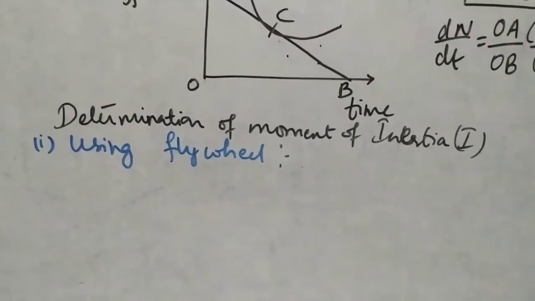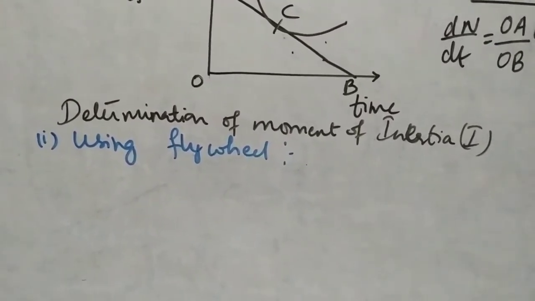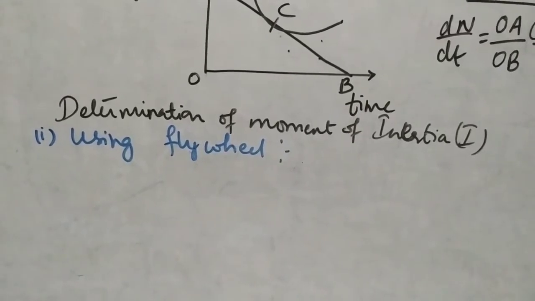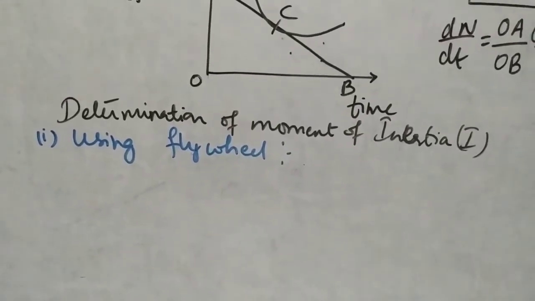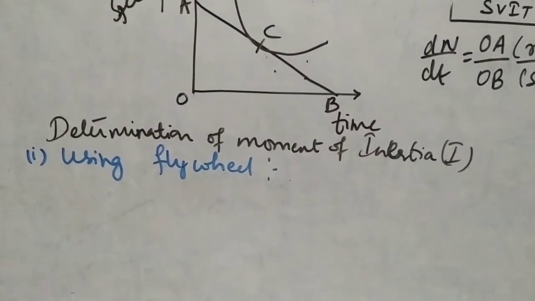The armature supply is cut off, and the time required for a definite change in the speed is noted to draw the corresponding curve, as we drew in the previous case. That curve considers only the armature of the machine.